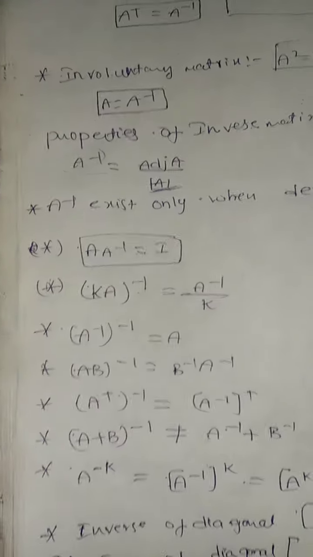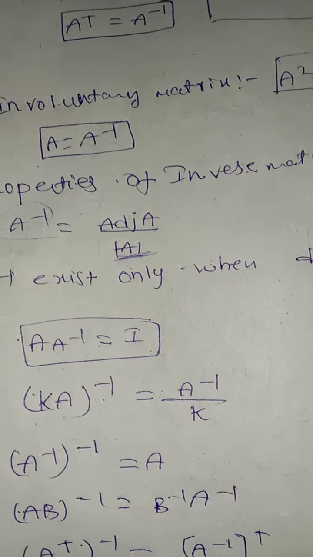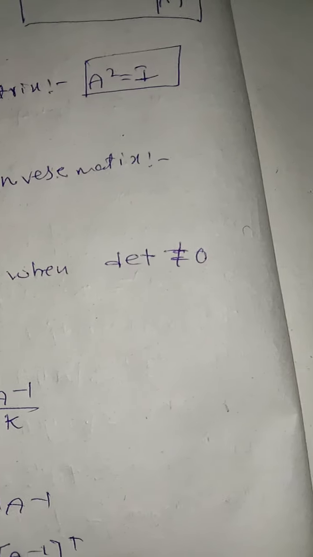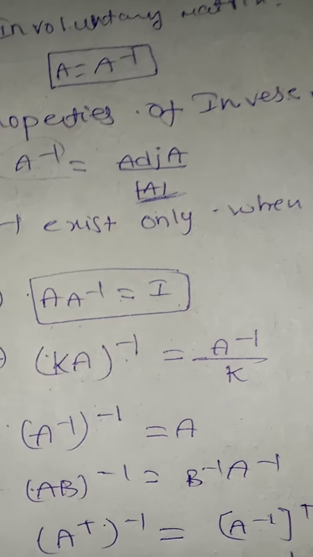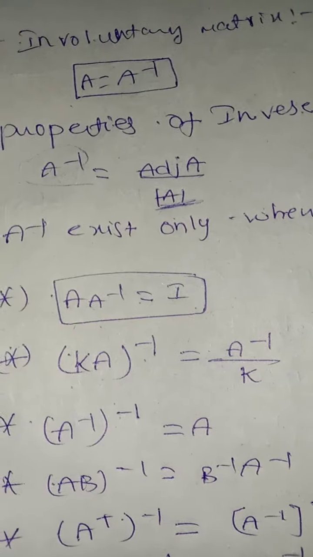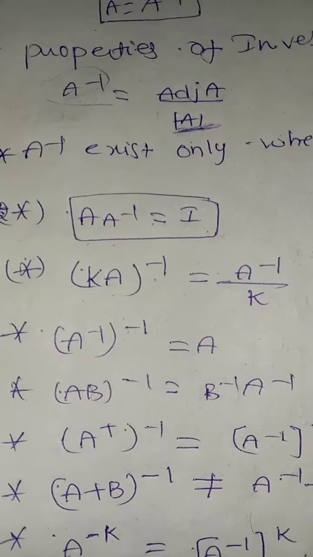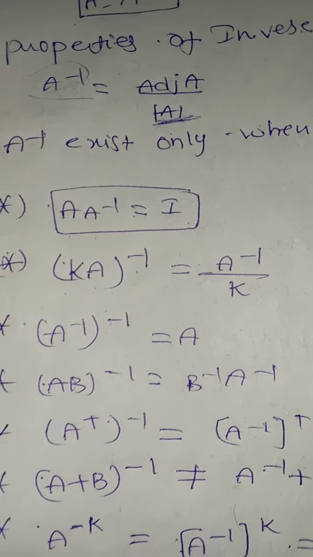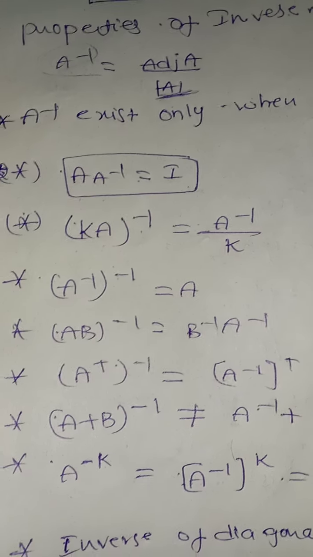Okay, so again I am repeating all the properties. A inverse can be written as adjoint of A divided by det A. For existence of the inverse, the det should not be equal to 0. Then A into A inverse equals I, and K into A whole inverse equals A inverse by K. A inverse whole inverse equals A. Then AB whole inverse equals B inverse into A inverse.